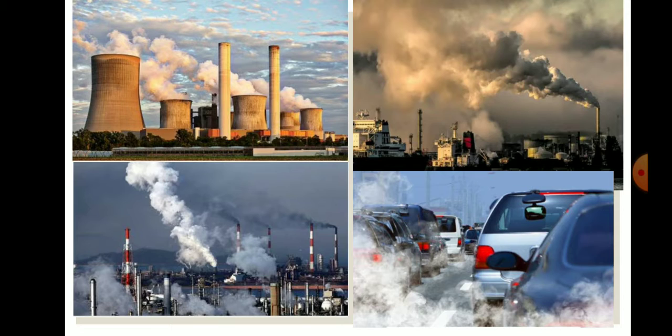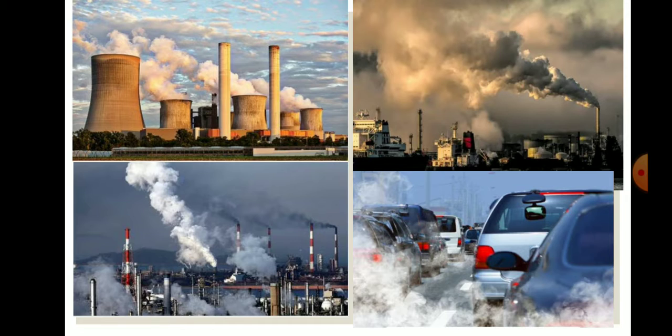The clouds formed by these harmful gases also contain harmful gases like sulfur dioxide and nitrogen oxides. So the gases released from these various pollution sources cause the formation of a cloud, and this cloud is actually full of pollutants, which are gases.